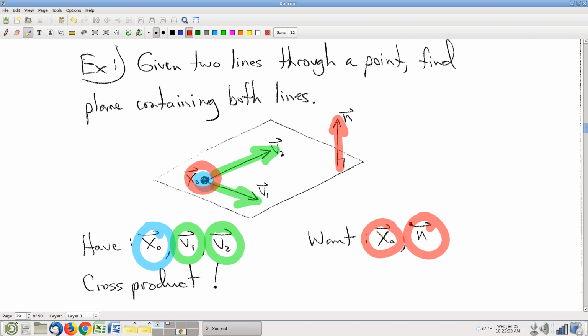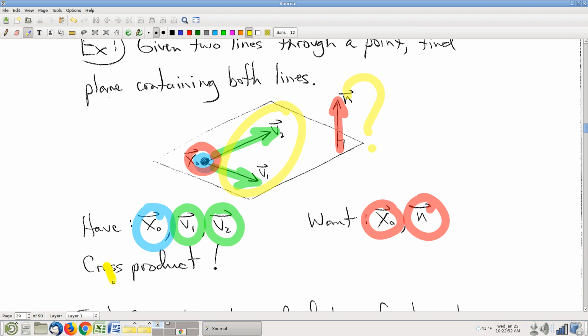At this point, it becomes a geometry puzzle. Given these geometric objects, how do I find those geometric objects? The first thing that leaps out at you is that I'm given two vectors parallel to the plane. I want to find a vector perpendicular to the plane, and of course the cross product is the thing that's going to do that for you. And everything else is details.